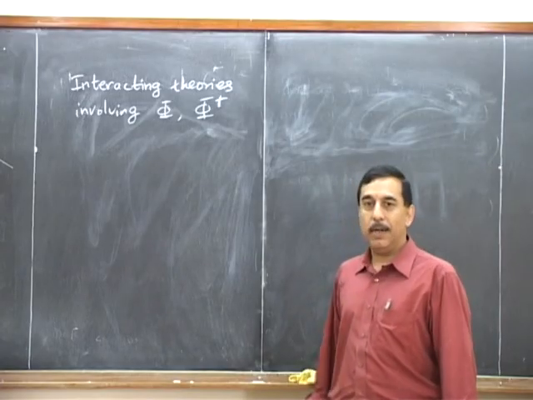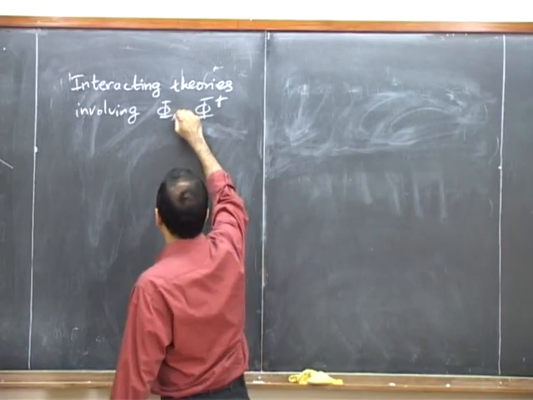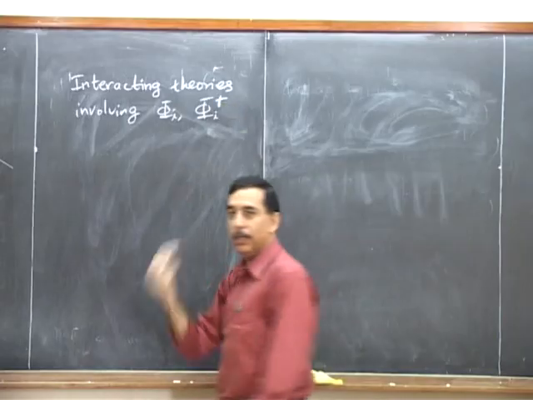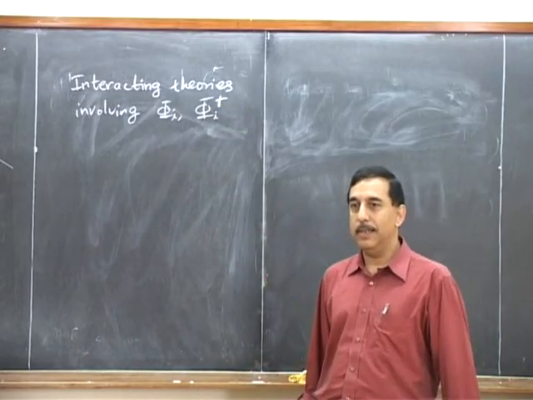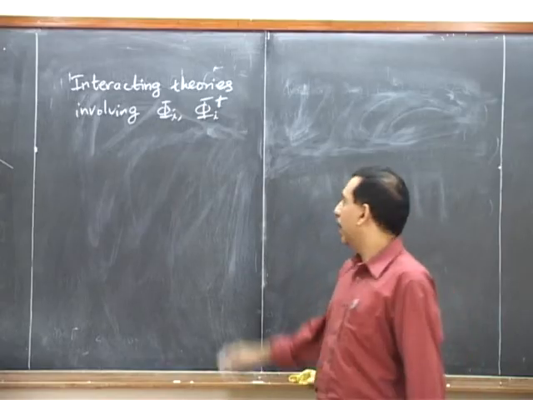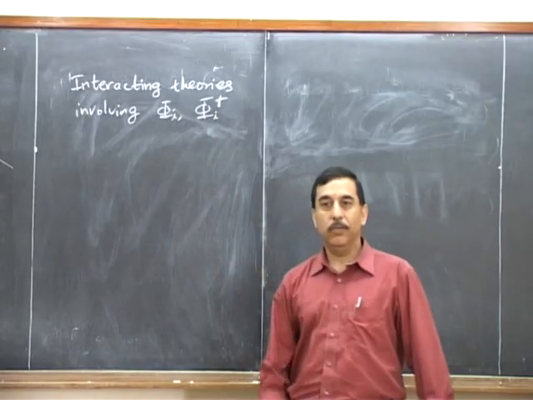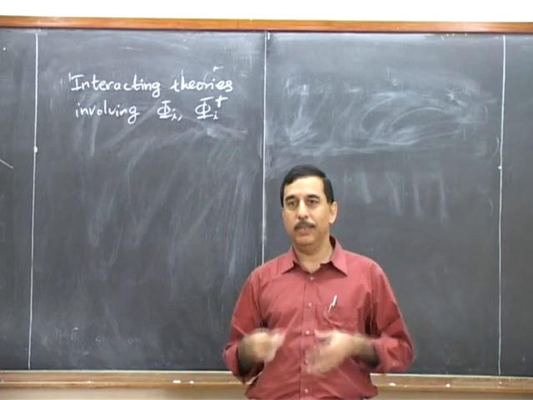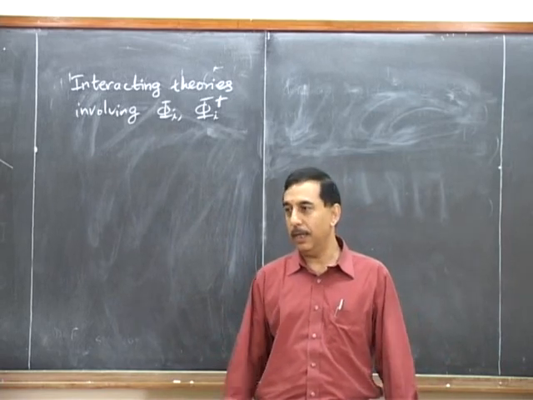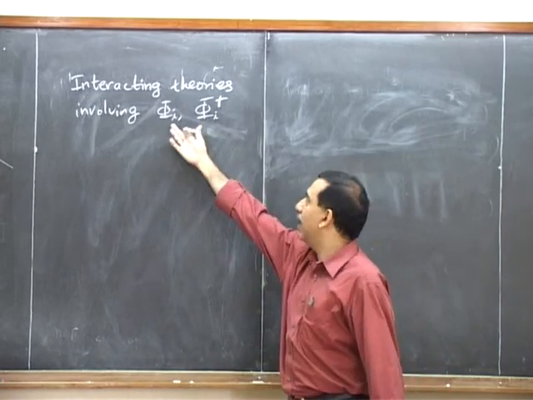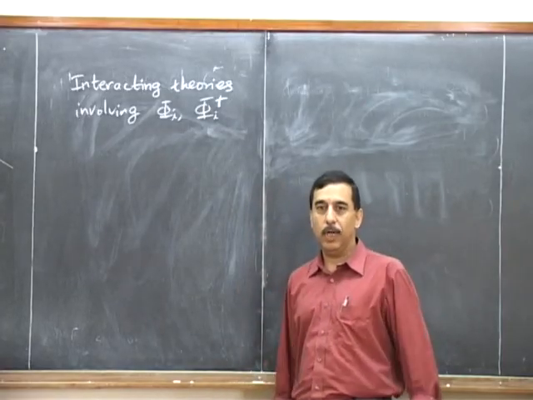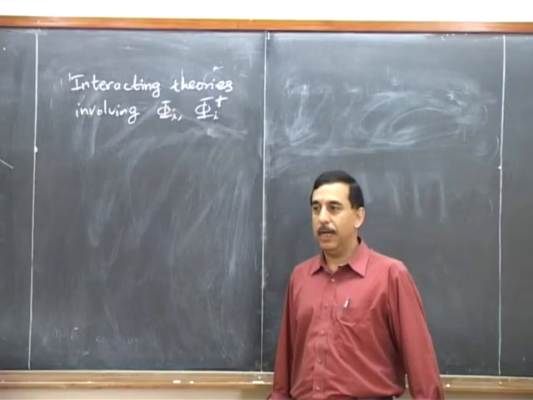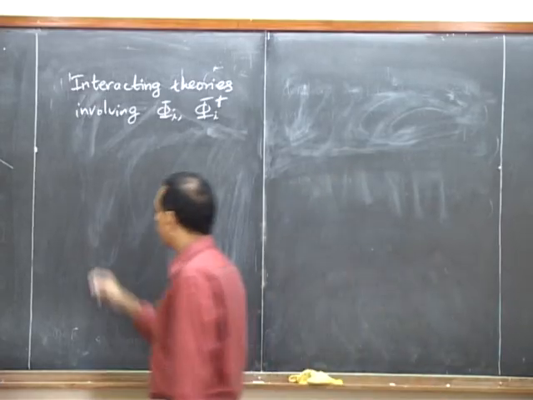However, since I'm discussing interactions, it makes sense for me to put an index I over here which goes over any number of fields. At a later stage I might specify that this I is an index according to which these fields transform in some SU2 or SU3 or some other group. But right now I'm just saying let's imagine a system with some number of fields, not necessarily one, and let's write the most general interactions.